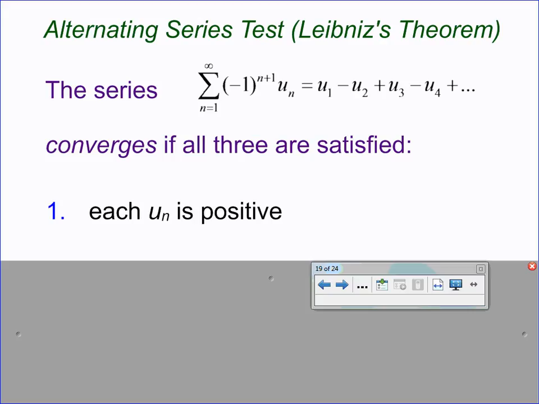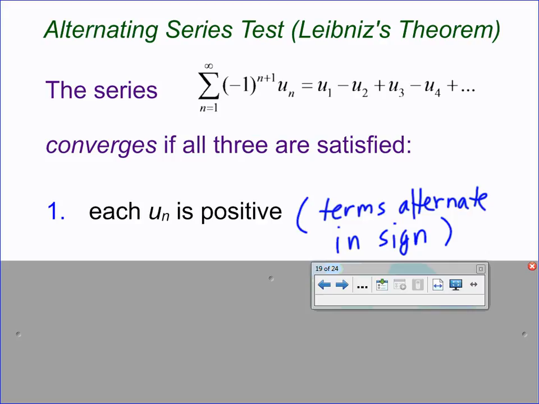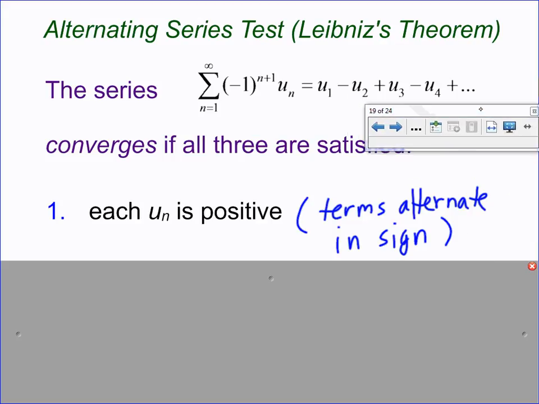So the way that this is written here, terms alternating in sign. So if my terms alternate in sign, because we wrote it as plus, minus, plus, minus, plus, minus, so each of those U's is positive, is just a long way of saying that my terms alternate in sign, in order to apply the alternating series test.